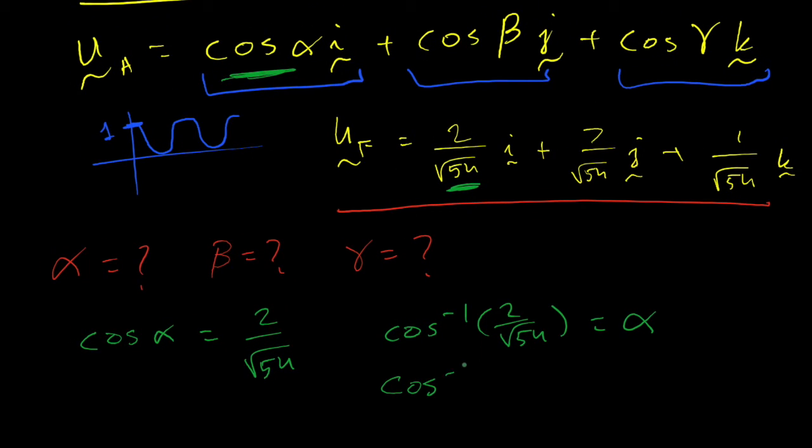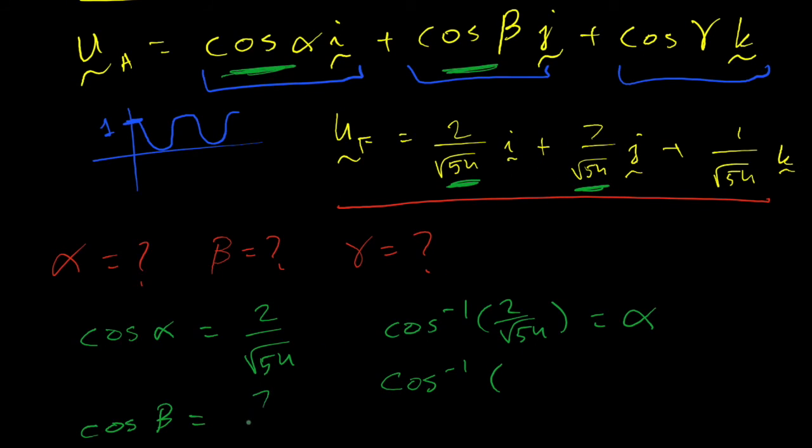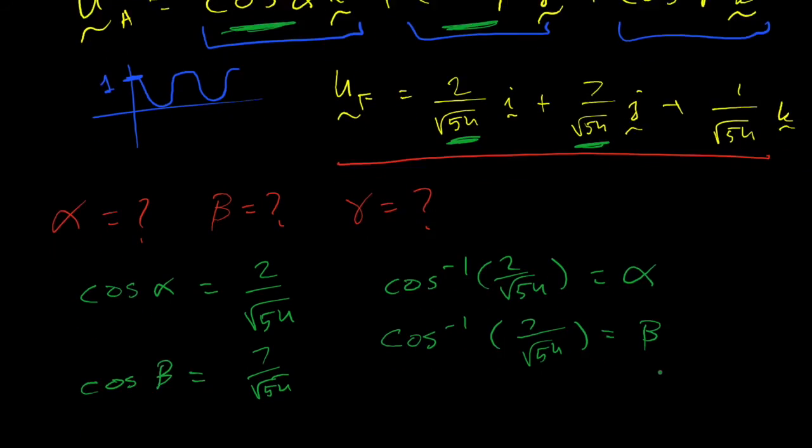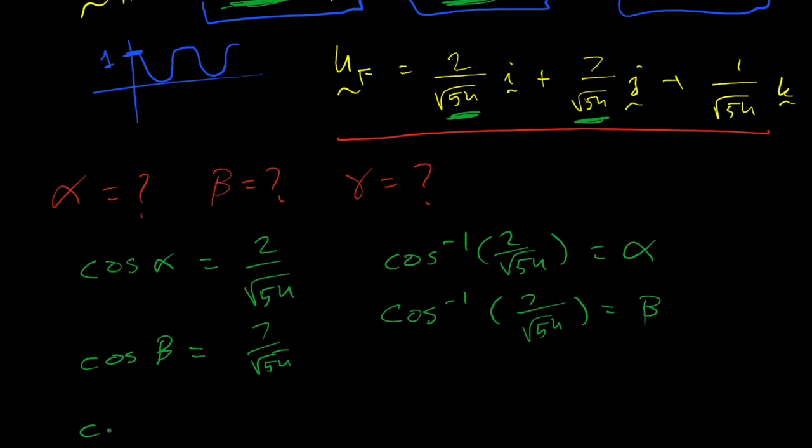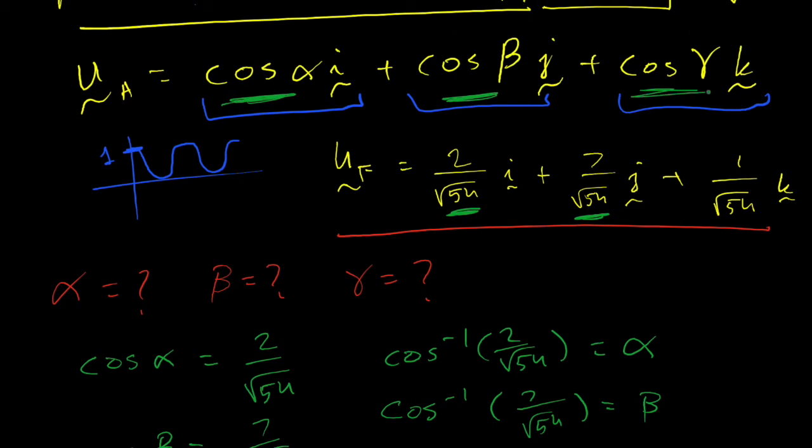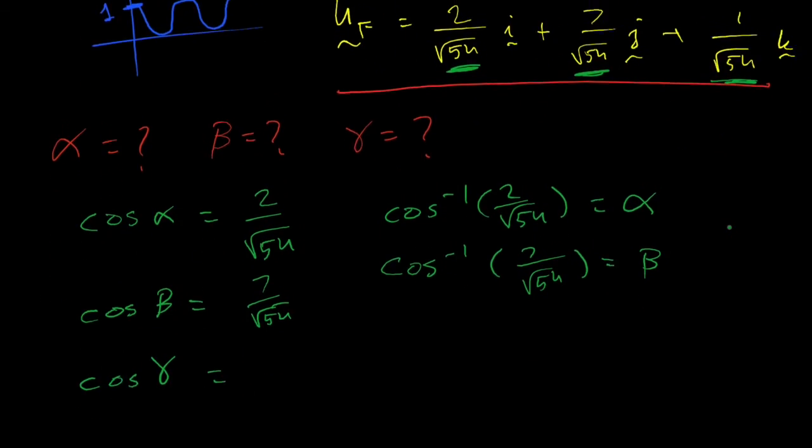We did that for alpha. Let's do it for beta. For angle beta, cosine beta is equal to this value, which is 7 over the square root of 54, which gives us beta. And let's do the same for gamma. Cosine gamma up here is equal to 1 over the square root of 54.